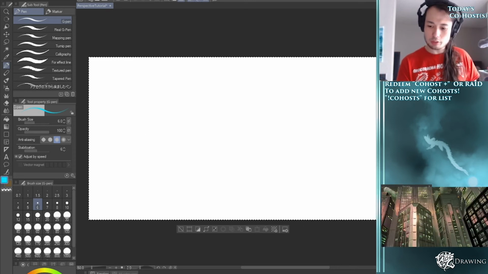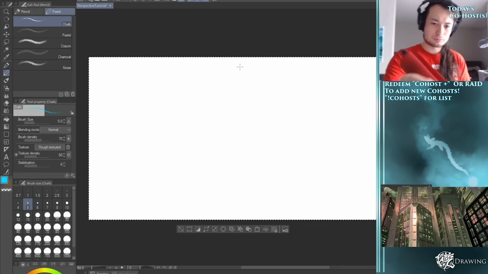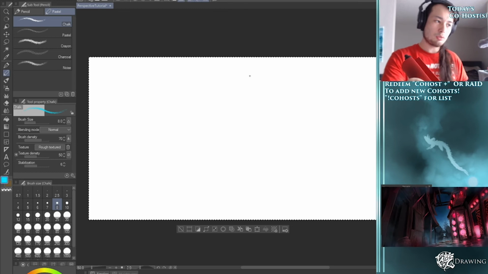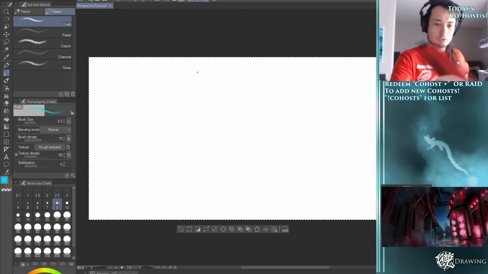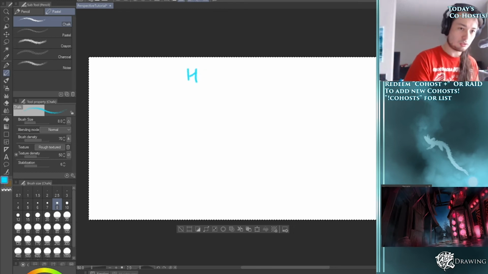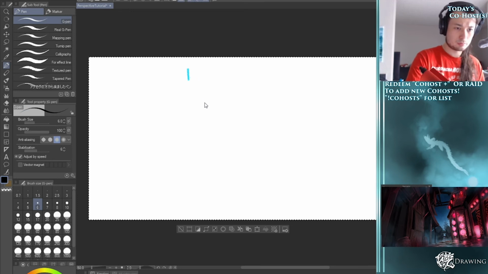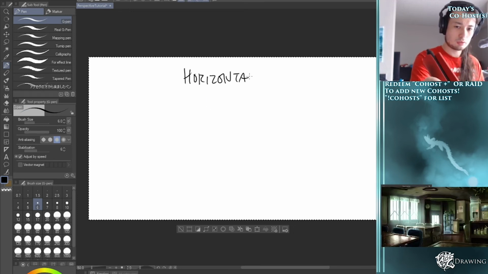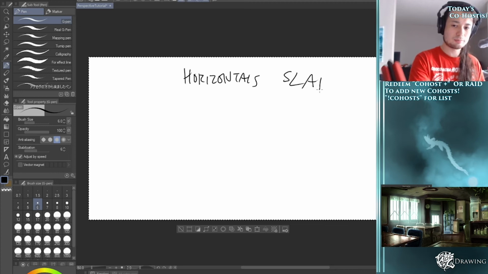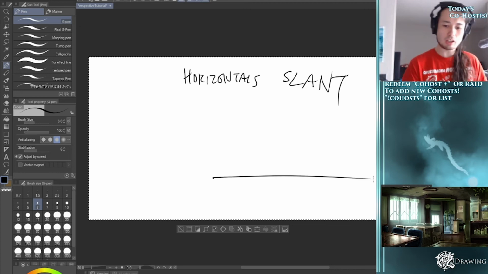We can do the same thing for two-point perspective as well. We've seen a great example of it in the Spiderverse. Horizontals slant. You have a straight line, get rid of it.